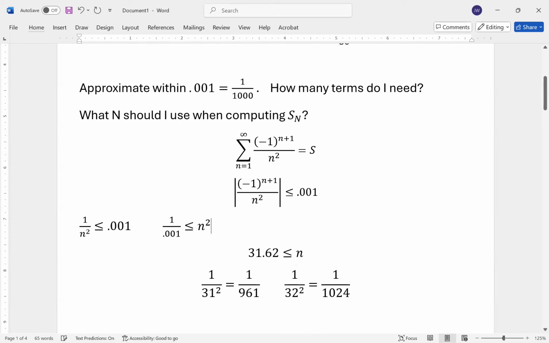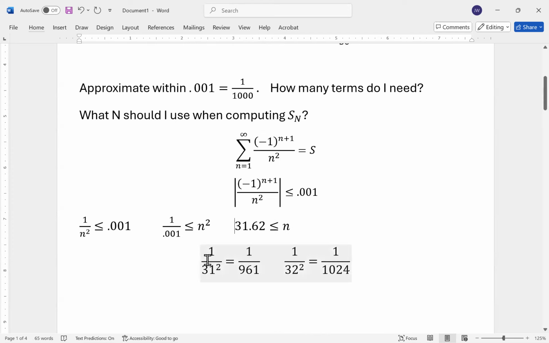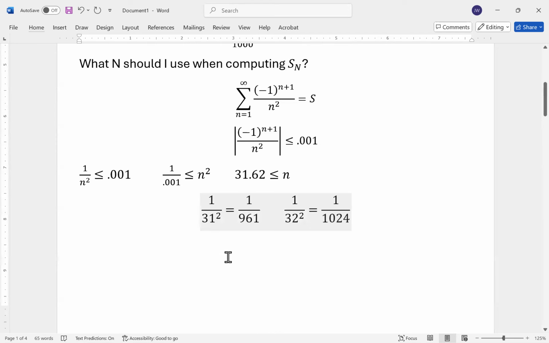So all of this was just computing what we needed, and this is the confirmation that that is the cutoff between those. So we'd be using S sub 31 as my approximation.